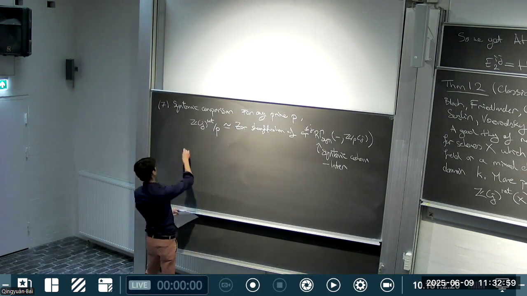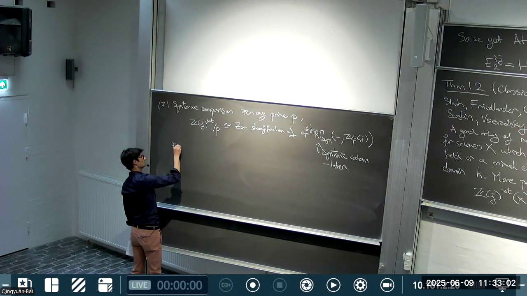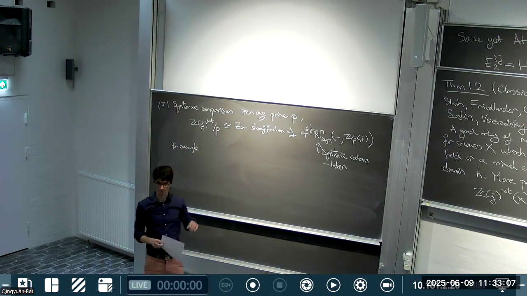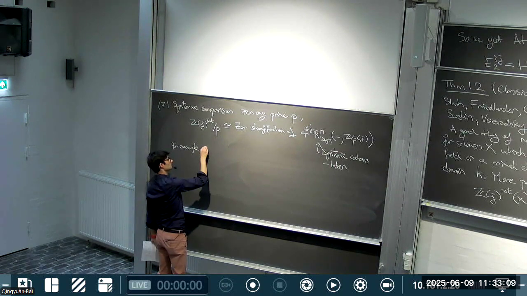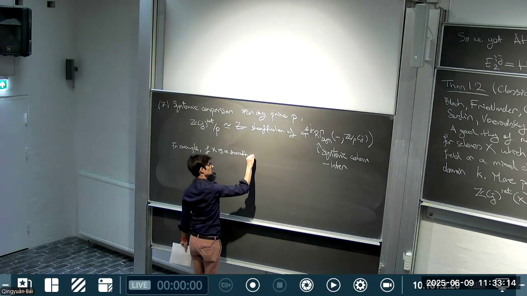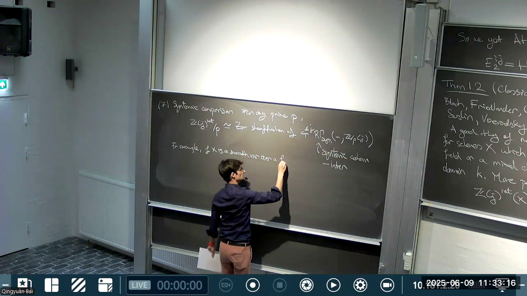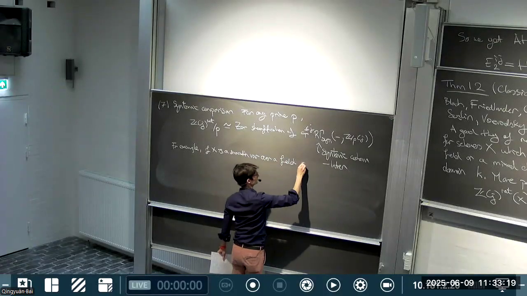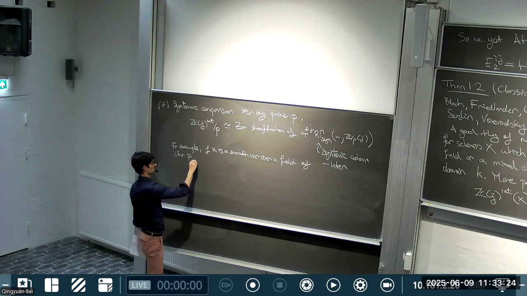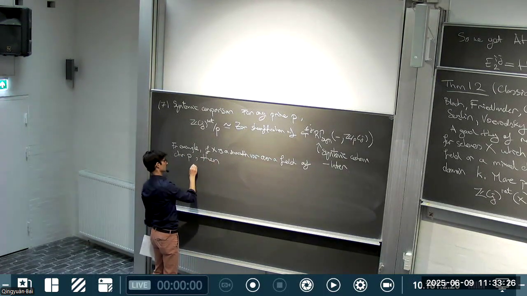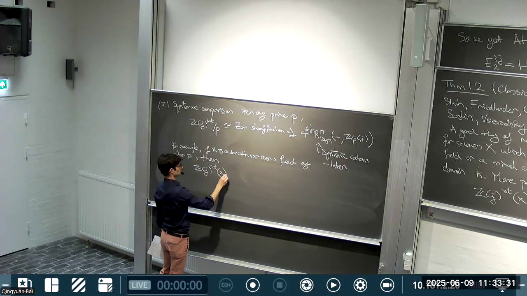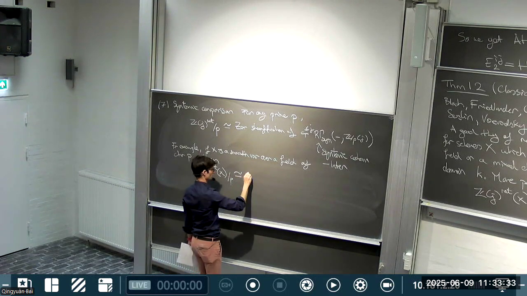So for example, the syntomic cohomology is something which is easy to write down in one case. If X is a smooth variety over a field of characteristic p, then the motivic cohomology of X mod p is given by the following construction.